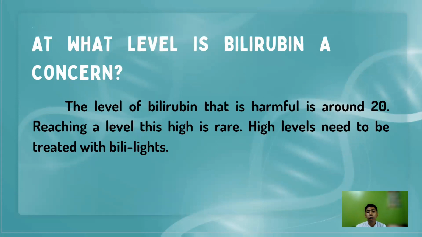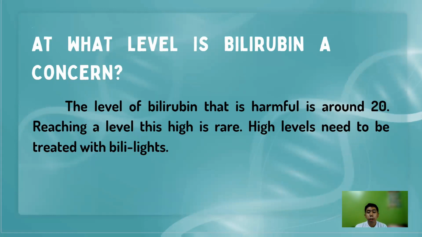At what level is bilirubin a concern? The level of bilirubin that is harmful is around 20. Reaching a level this high is rare. High levels need to be treated with bili lights.